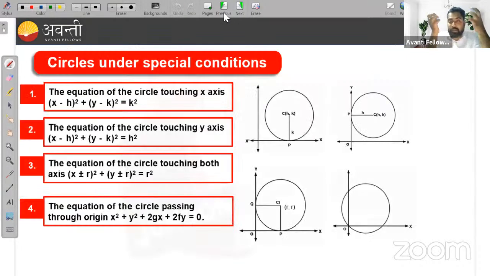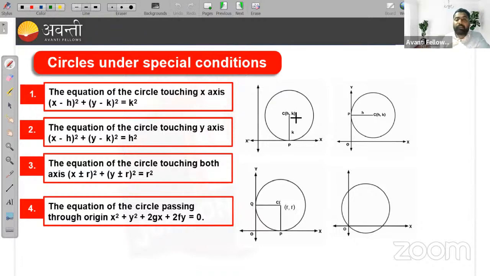Circles under special conditions, right? The equation of circle touching x-axis is x minus h whole square plus y minus k whole square is equal to r square. That is, when the circle touches x-axis, then the y coordinate of the center becomes the radius of the circle.